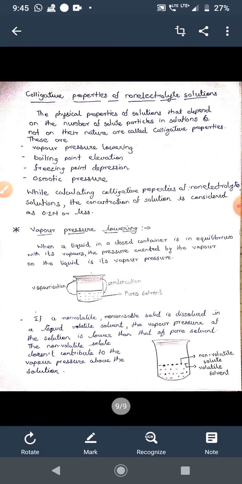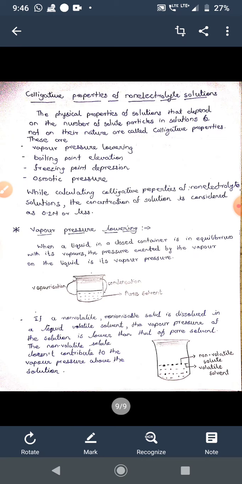And the properties that we are going to discuss in this chapter are vapor pressure lowering, boiling point elevation, freezing point depression, and osmotic pressure. One thing you should note down: while calculating the colligative properties of a non-electrolyte solution, the concentration of the solution is considered to be 0.2 molar or less than 0.2 molar.